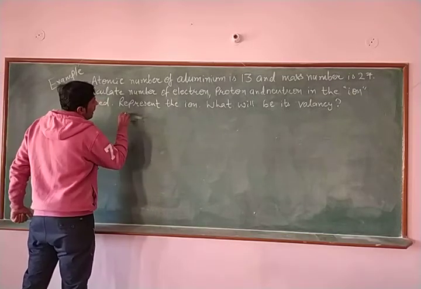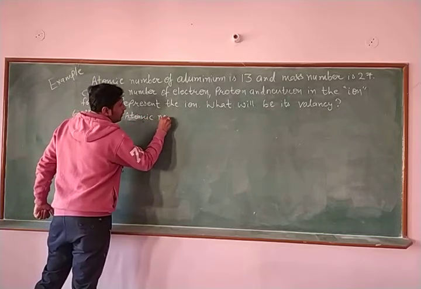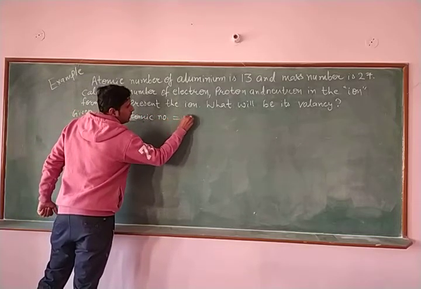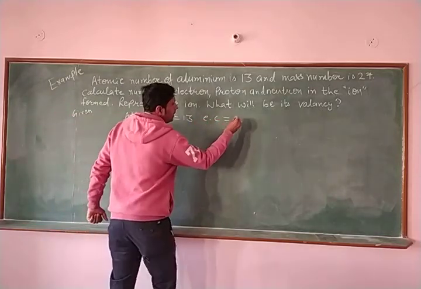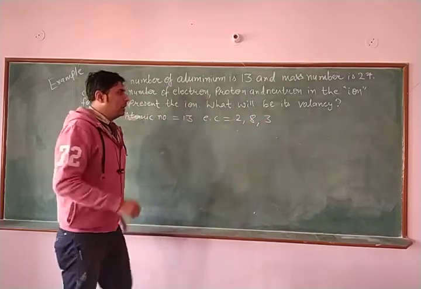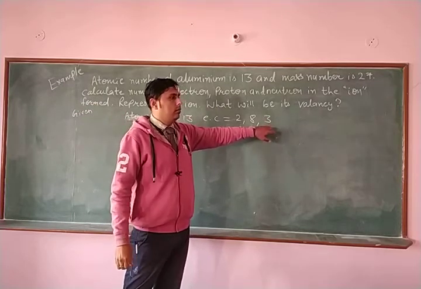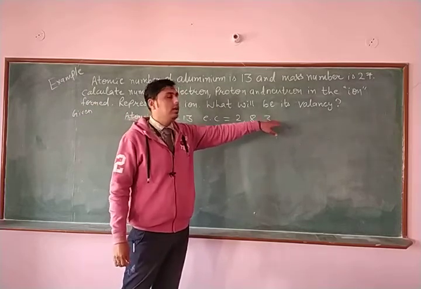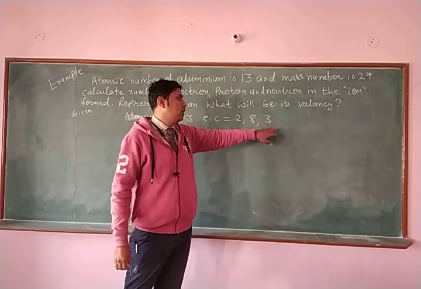So if the atomic number equals 13, what will be the EC? Electronic configuration will be 2, 8, 3. So as we know, if an atom has 1, 2 or 3 valence electrons in the outermost shell, the valency will be equal to that.